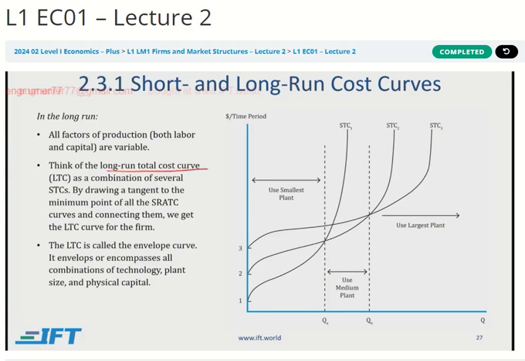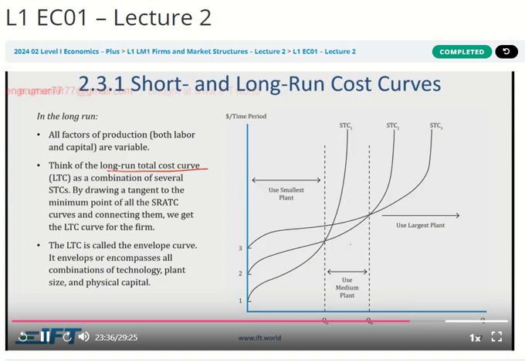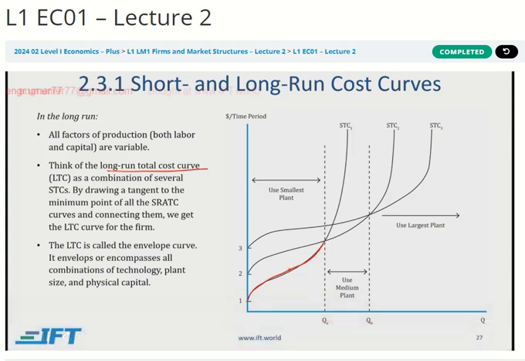So now your long run total cost curve is going to be a combination of all these short run curves, where once you get from this point to here, now instead of going up from this point, what you're going to do is you'll carry on from the lowest point of this curve to the next one, right? And then when you get to this point, instead of going up from here, what you will do is you will carry on to the lowest point of this curve. So your total cost is going up, but it's not going up that much, because every time you get to this point of inflection, you will move to a bigger plant, and then you will move to a bigger plant.